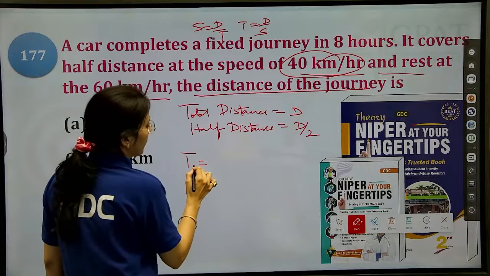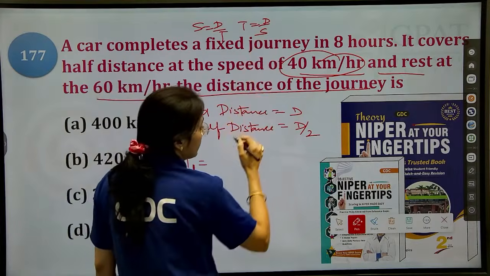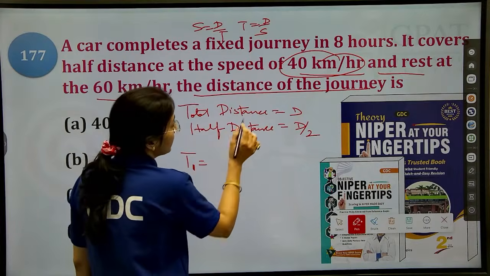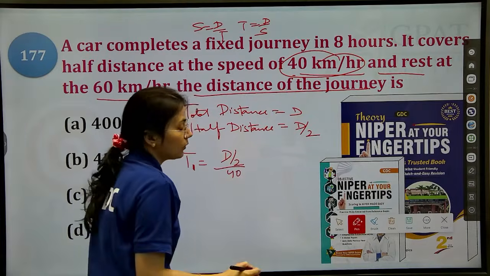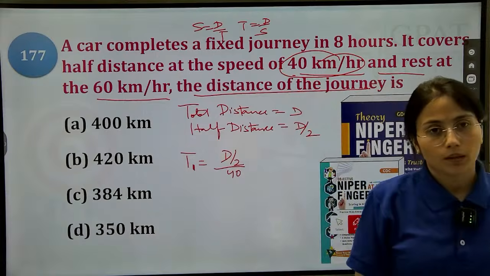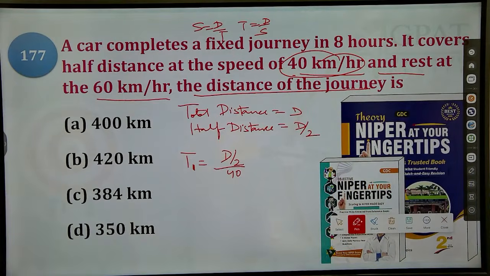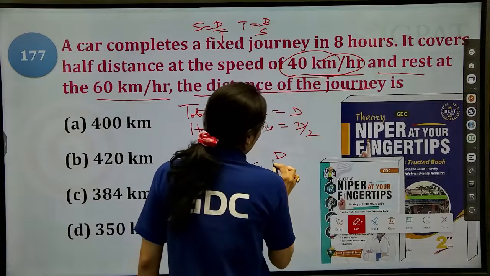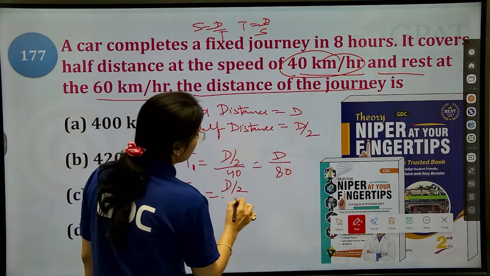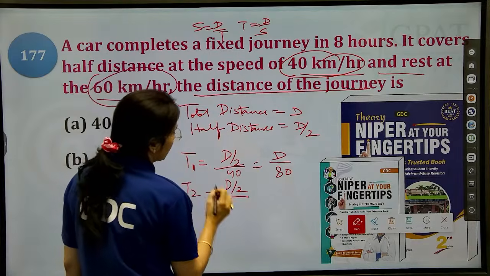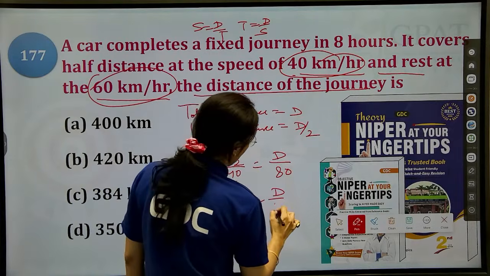T1 is equal to d by s, that is distance by speed. Half the distance D by 2, covered at 40 kilometer per hour, so D by 80. Now T2 is D by 2 covered at 60 kilometer per hour, it means D by 120.